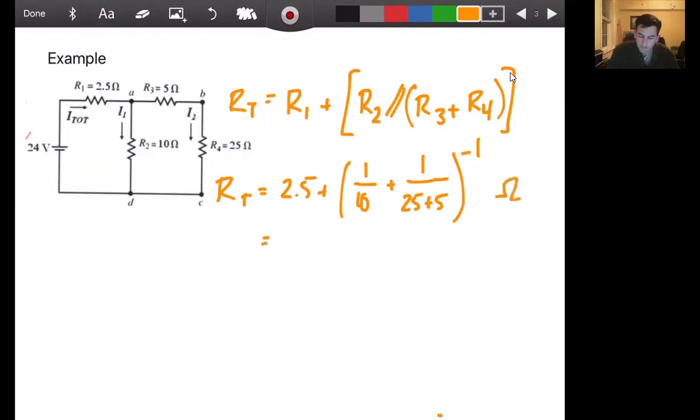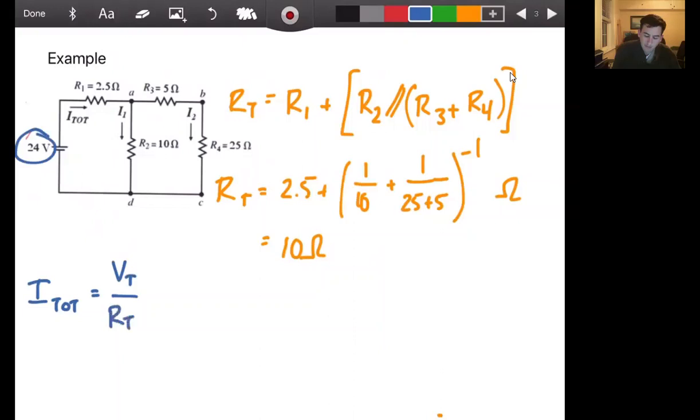Our total comes out to 10 ohms. If we're trying to solve for I total, we just use Ohm's law. We know V total, given to us in the problem. And we now know R total, because we just solved for it. We get 24 volts over 10 ohms to give 2.4 amps.